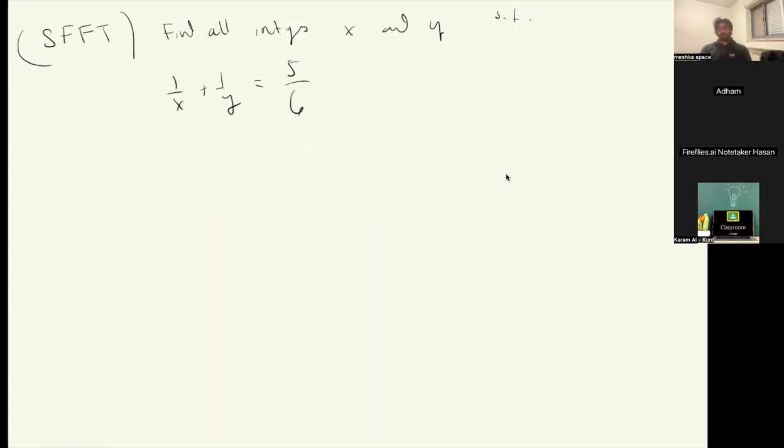This is the example of Simon's favorite factoring trick, called SFFT. This is a very classic problem. So how do you solve it?